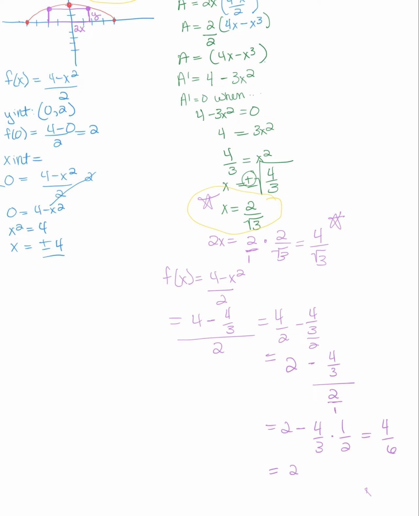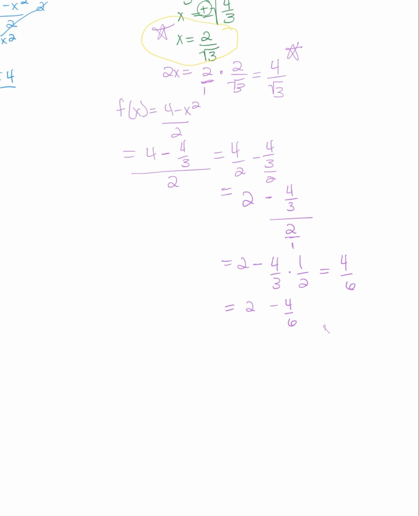So now you have 2 minus 4 over 6. Then we're going to need to get a common denominator, so let's just multiply by 6. So then we have 12 over 6 minus 4 over 6. That gives us 8 over 6 equals y.